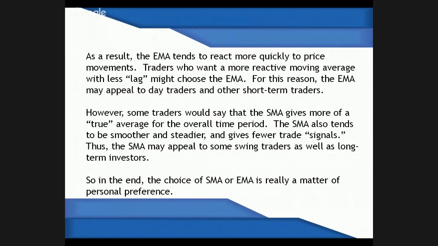The SMA also tends to be smoother and steadier and gives fewer trade signals. Thus, the SMA may appeal to some swing traders as well as long-term investors. So in the end, the choice of SMA or EMA is really a matter of personal preference.